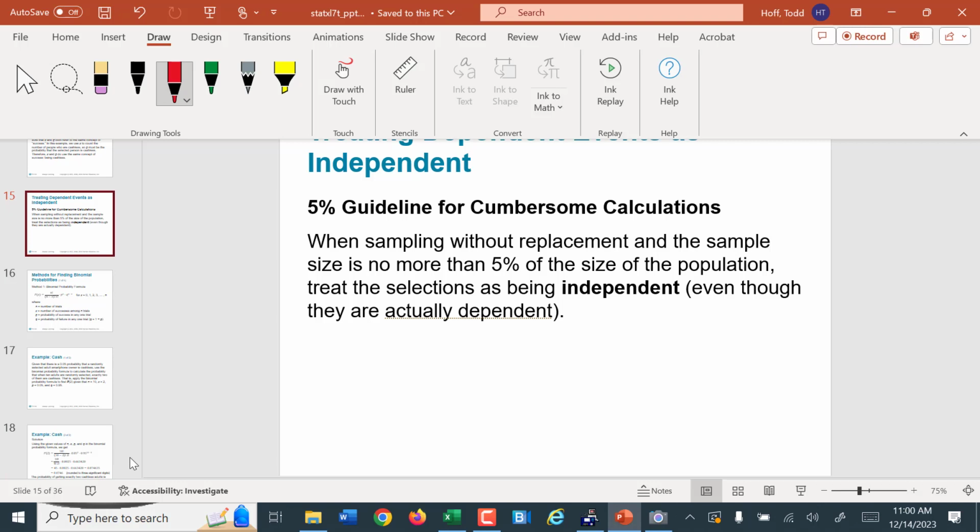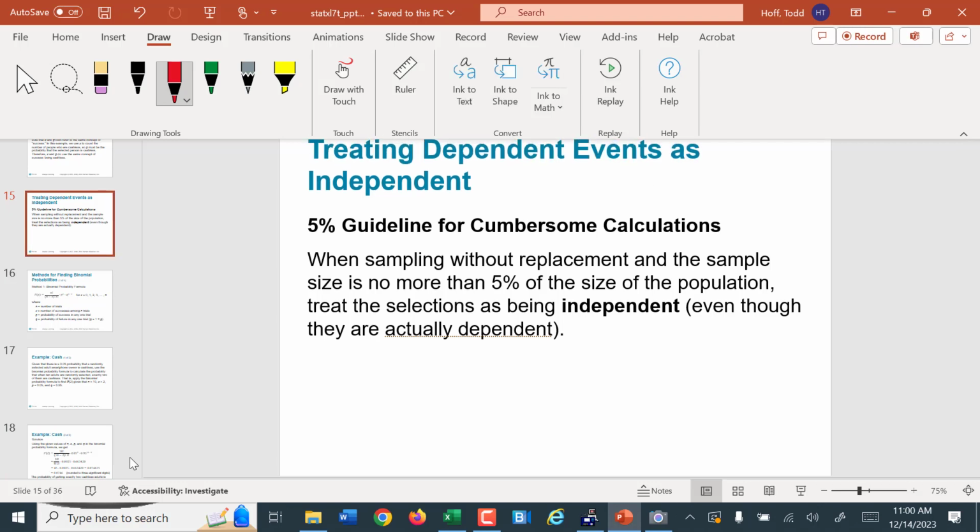Even though the probability might change slightly with that small of a sample compared to the size of the whole population, the probabilities would not change significantly. So we call that the guideline for cumbersome calculations. It allows us to simplify those calculations rather than having to adjust the probability after each item drawn when there's no replacement. We can assume that they're independent.